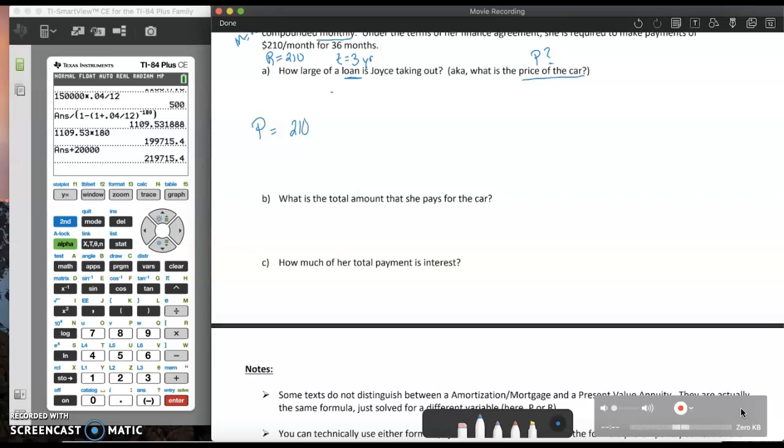I know that R is 210 and I can set my formula up this way. So I'm going to do the 210 giant bracket with a giant fraction in it.